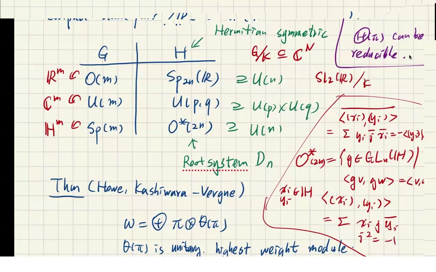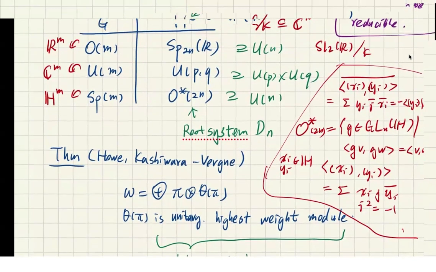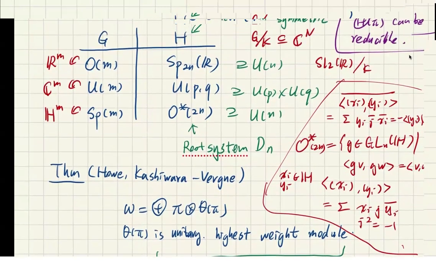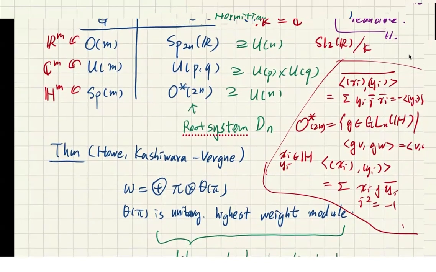So it's a symmetric domain case. And these three groups are of Hermitian symmetric type, because G divided by its maximal compact is a Hermitian symmetric domain.